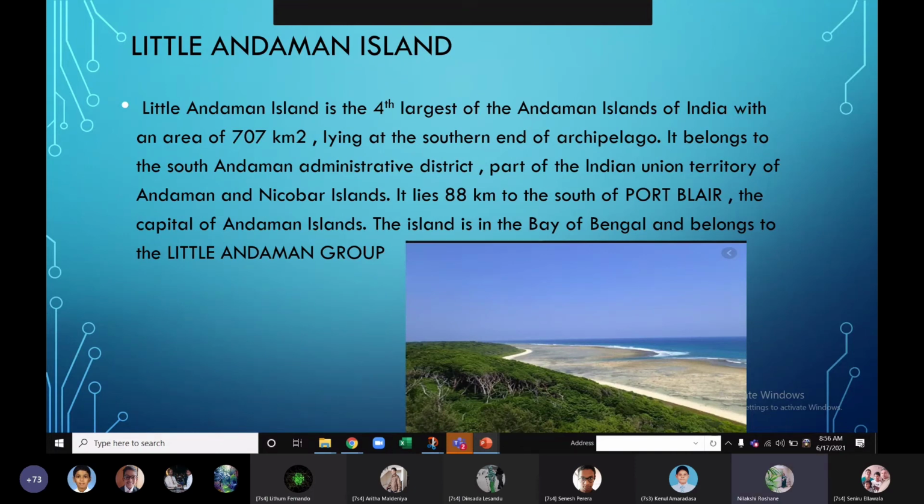It belongs to the South Andaman Administrative District, part of the Indian Union Territory of Andaman and Nicobar Islands. It lies 88 kilometers to the south of Port Blair, which is the capital of the Andaman Islands. The island is in the Bay of Bengal and belongs to the Little Andaman Group.